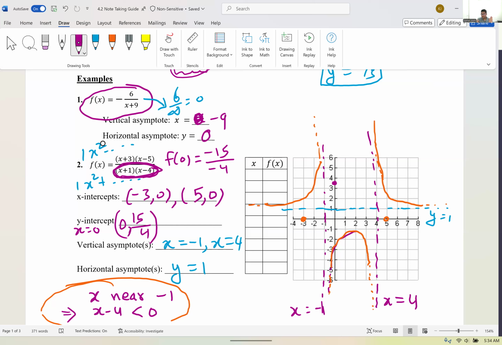If you come from the right, x plus 1 will be positive, positive times negative, negative infinity. If you approach x equals -1 from the left, x plus 1 is negative and x minus 4 is anyway negative, so the product becomes positive and it will go towards plus infinity.